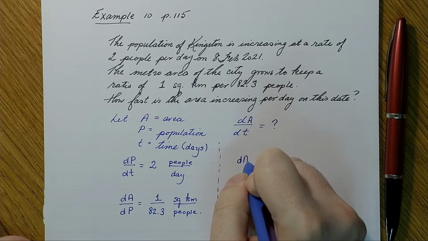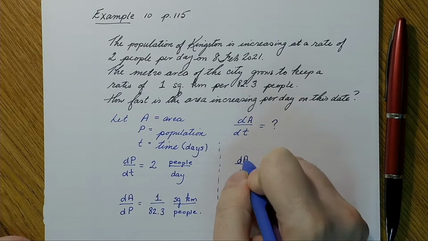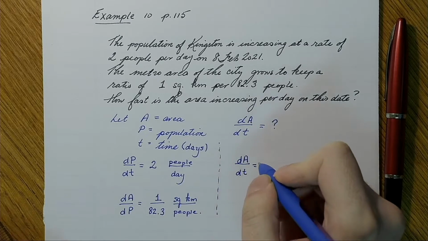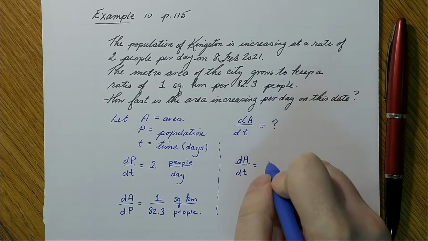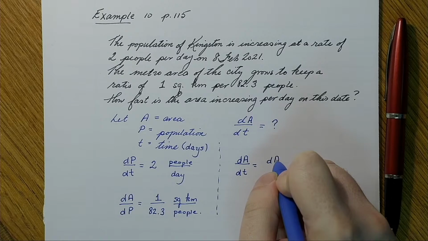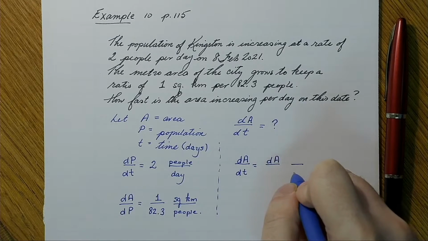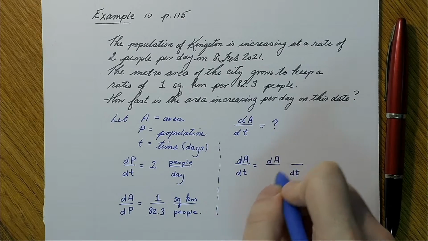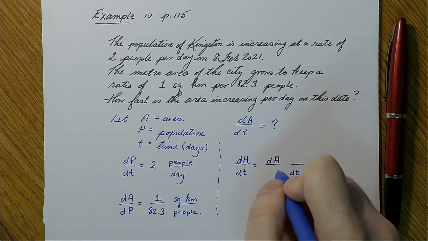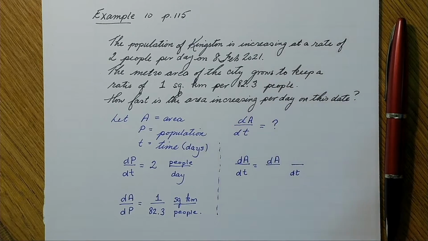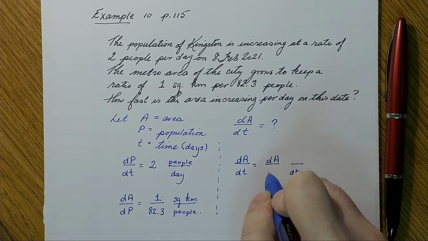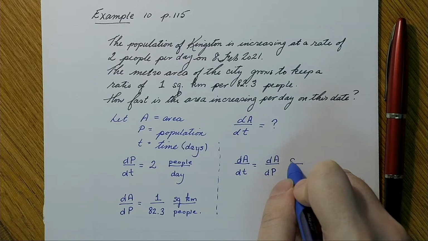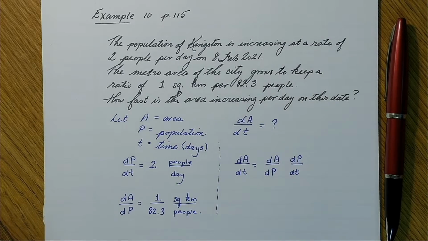So dA by dt is equal to, now we can use our chain rule. We can actually split that up. So we can write dA over dt as dA over dP, and what we're going to multiply by is our change in population, so we get dP by dt.